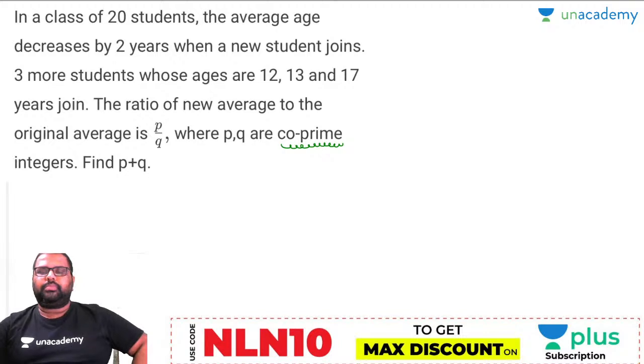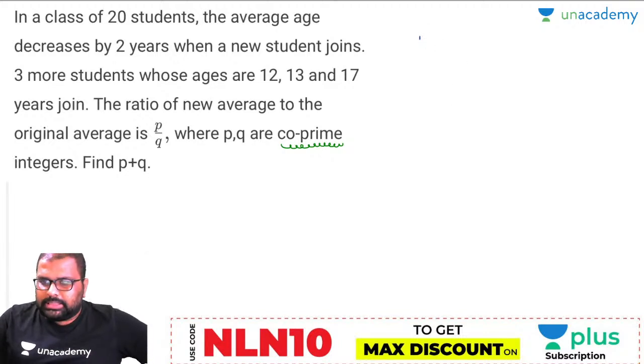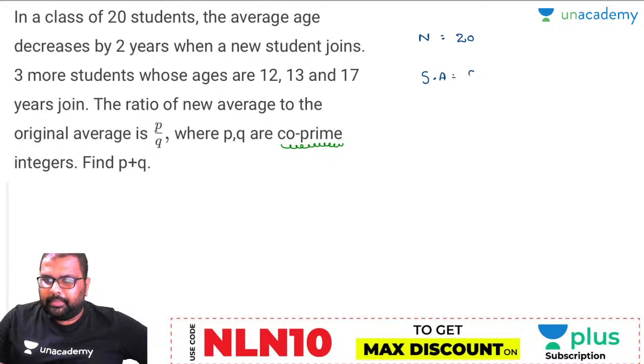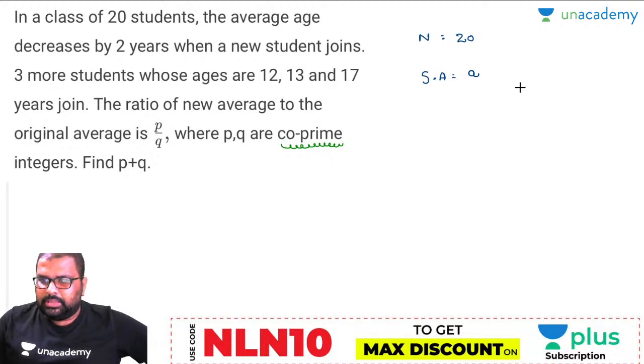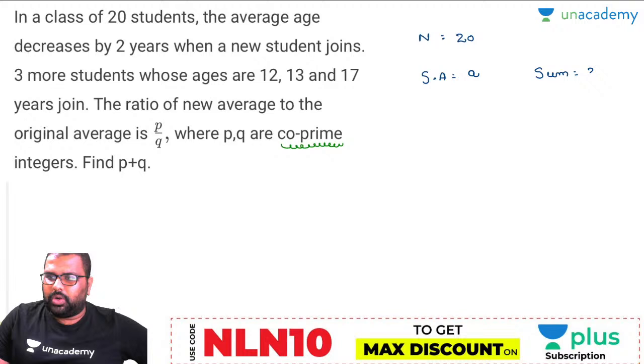Clear. Now, let us consider the number of students n as 20, and I will take my simple average as A. Now a new student joined. Then my sum will be equal to 20 into A. Am I right or wrong?